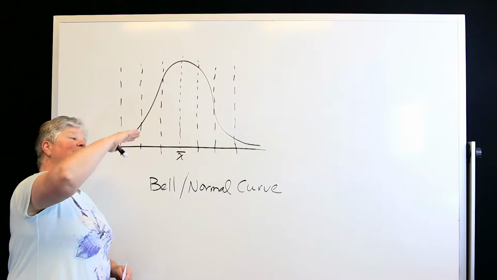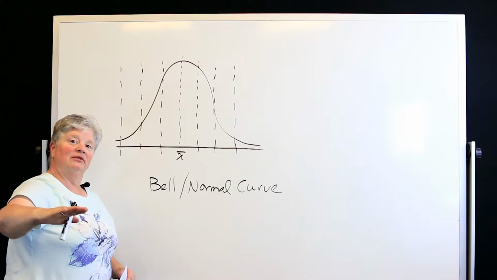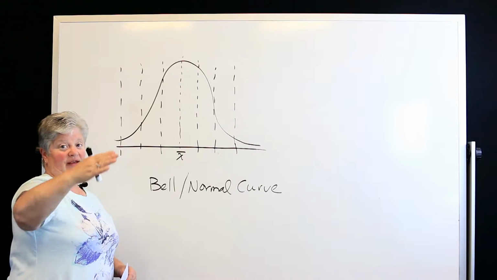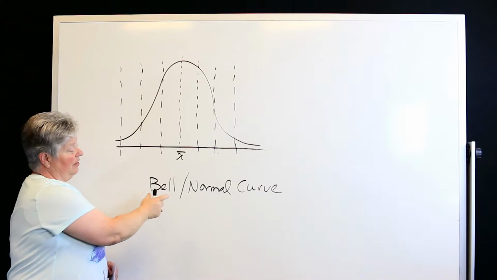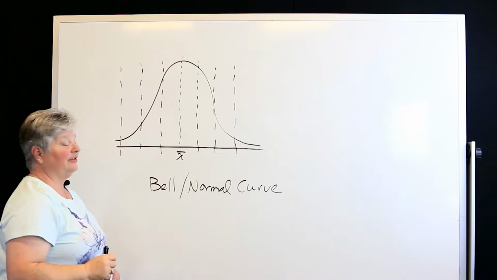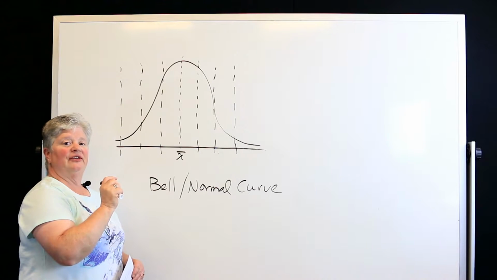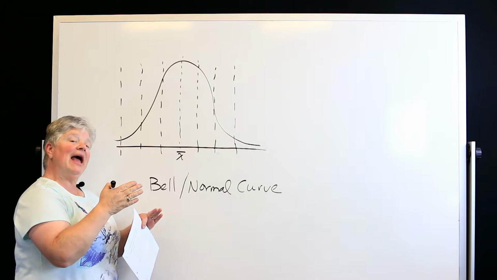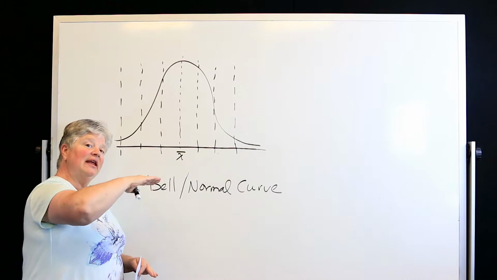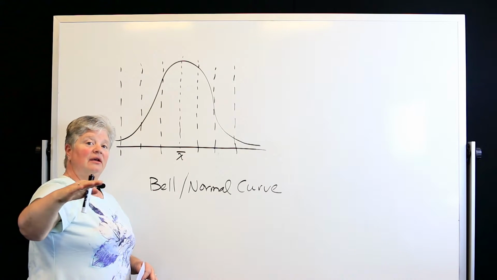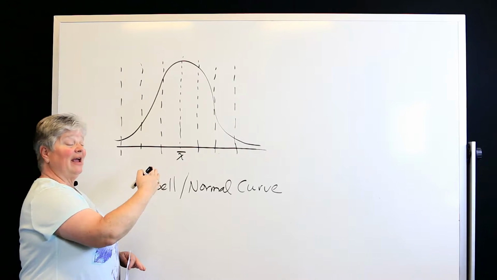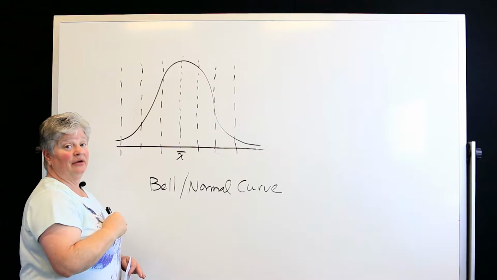This normal curve is this nice symmetrical bell curve. I think sometimes you hear it referred to as a bell curve. What the bell curve shows us is that if we have data that's nice and evenly distributed, then it falls out in, again, a real specific pattern.